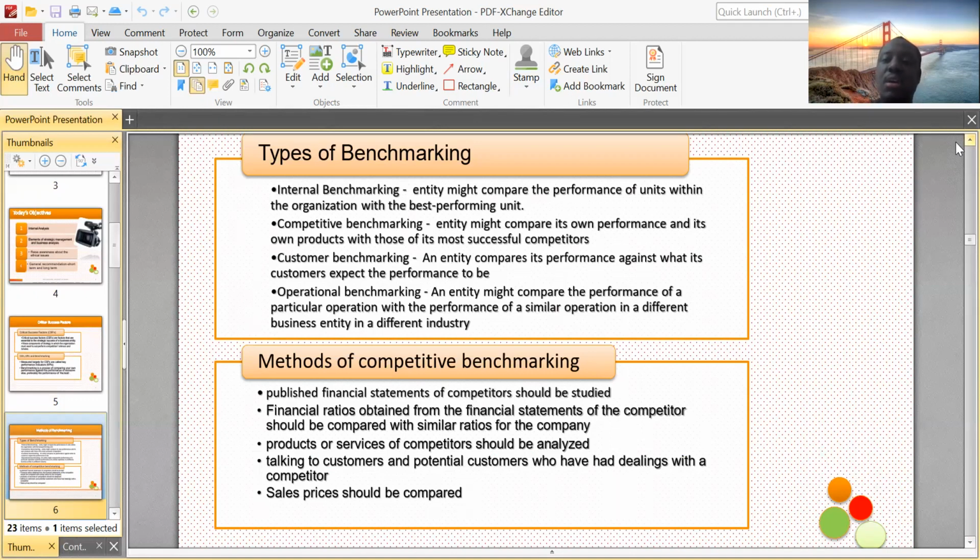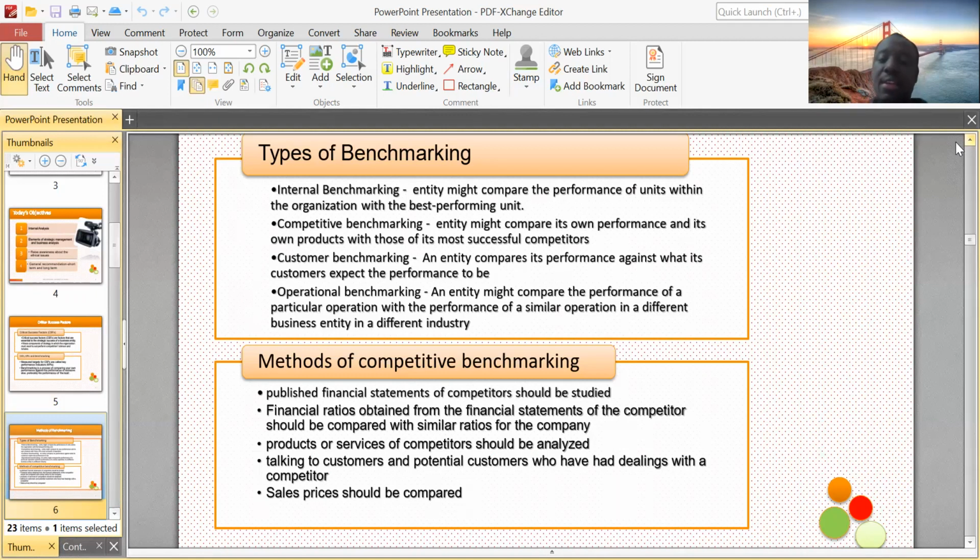You also have operational benchmarking. Operational benchmarking is basically where an entity compares a particular operation within its entity with a similar operation in another business which is in a different industry.